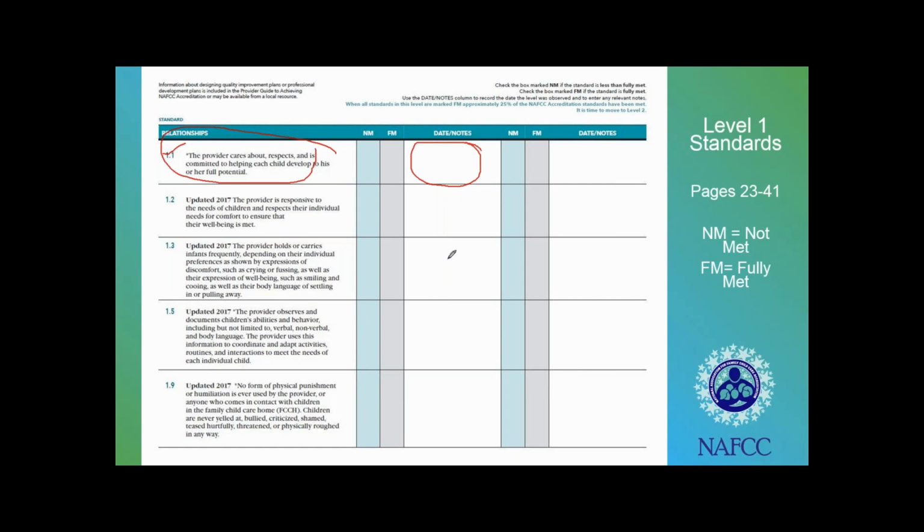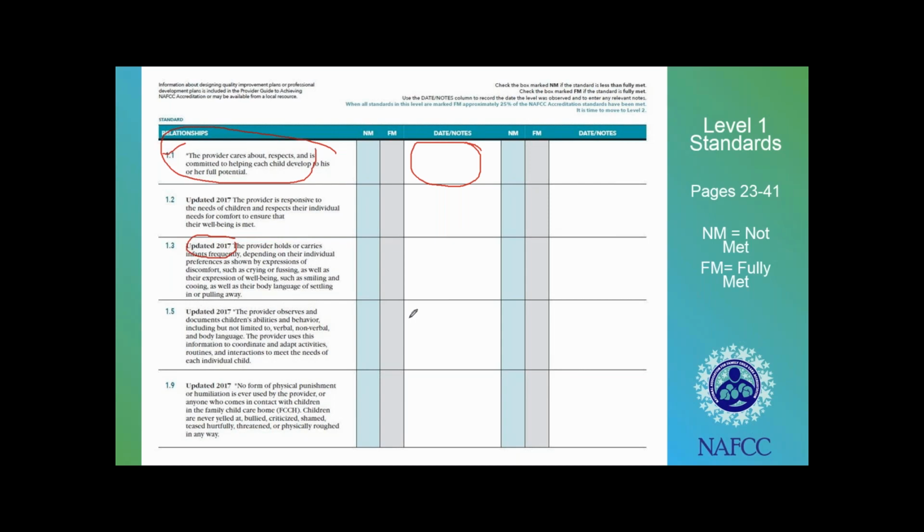As you can see, even here on the benchmark, the last time they updated was in 2017, and they're actually updating them right now. Again, that's something that some of us help with here in the office, but it's mostly the accreditation council. They are experts in the field of family child care.